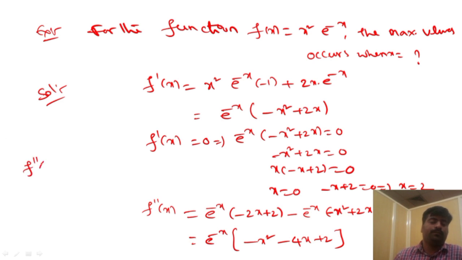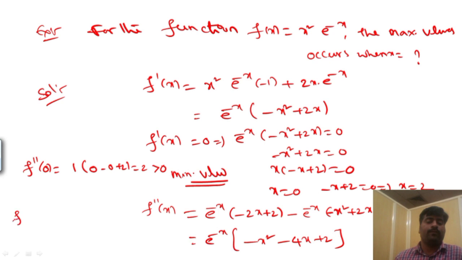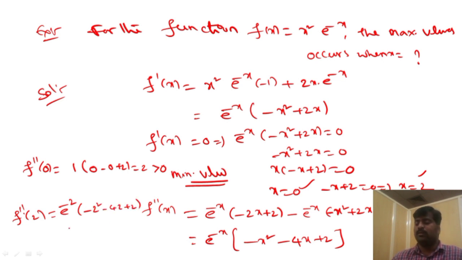Now f double dash of 0: this is 1 into 0 minus 0 plus 2, which is 2, greater than 0. So x equal to 0 gives the minimum value. Now we go for f double dash of 2. There are 2 stationary points we have, x equal to 0 and x equal to 2. So for x equal to 2, e power minus 2 into minus 4 into 2 plus 2.